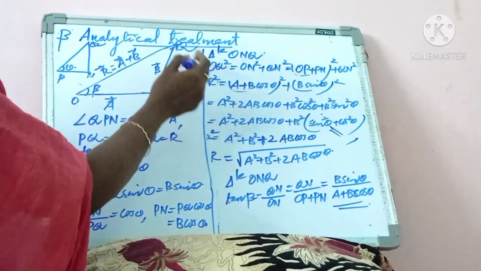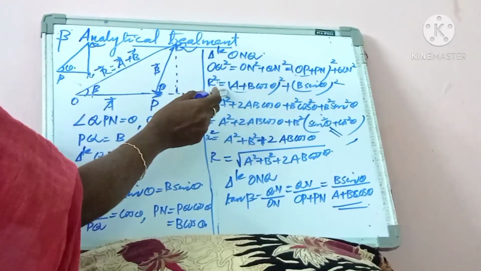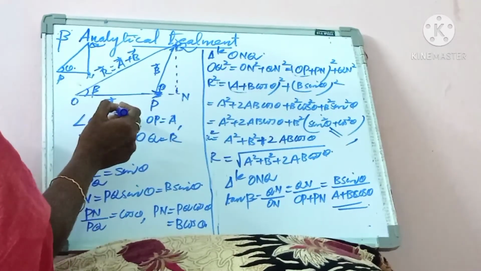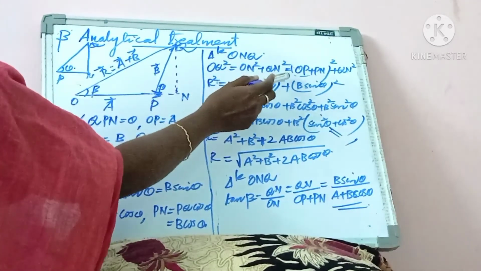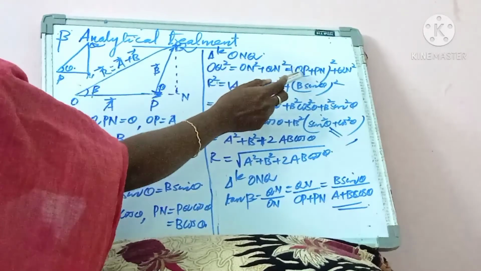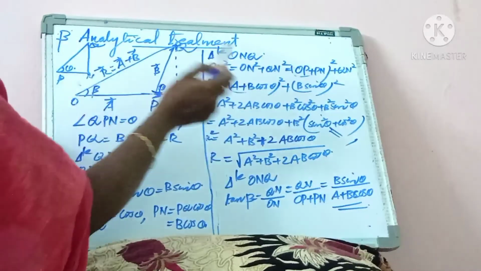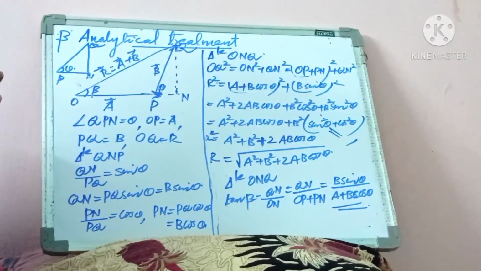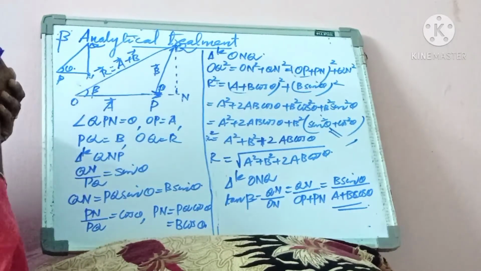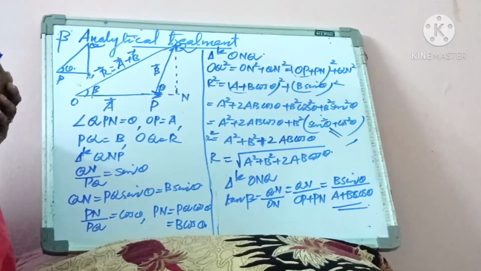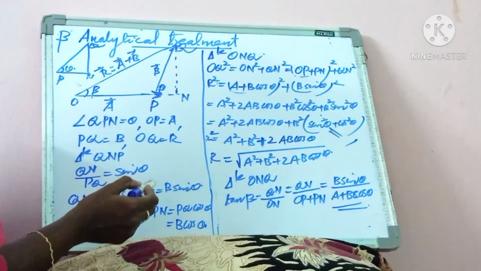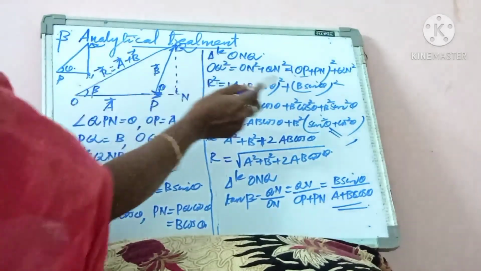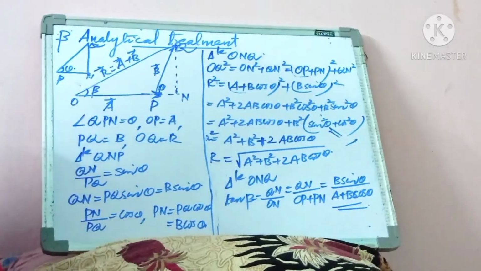OQ is actually R. So R square is equal to, instead of ON, A plus B cos theta the whole square, plus QN, which is B sin theta, the whole square.